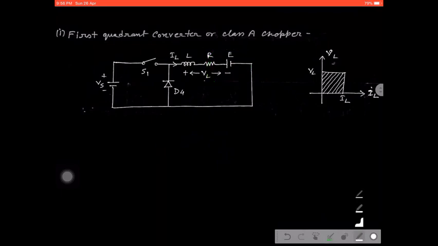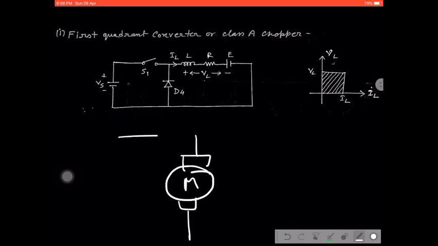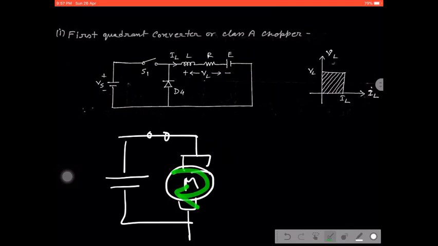See, suppose you are trying to move a motor, and you give the supply voltage, then the motor starts moving, and suppose you are using a switch over here. When the switch is closed, the motor starts moving due to the presence of supply voltage, right?